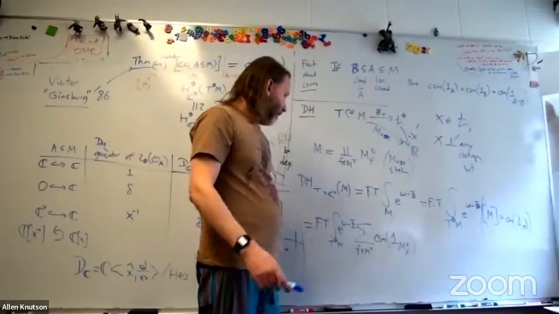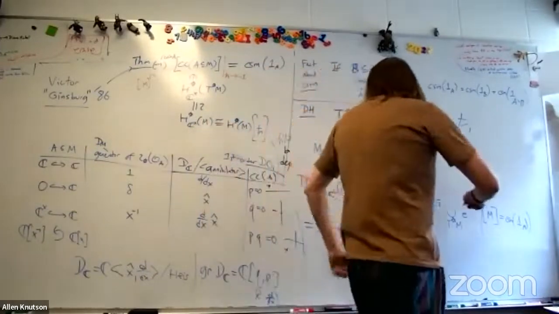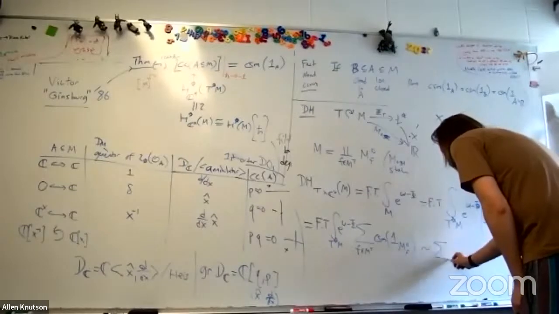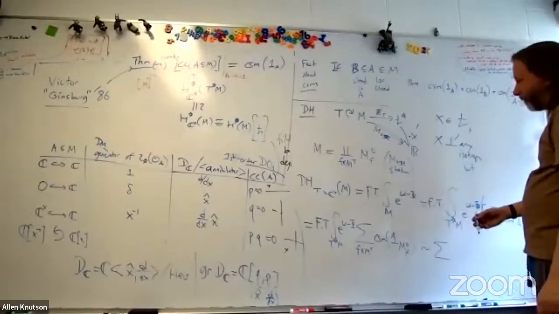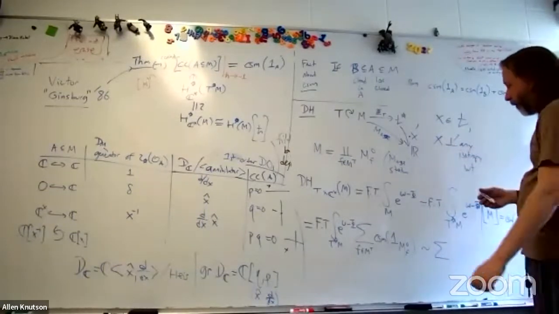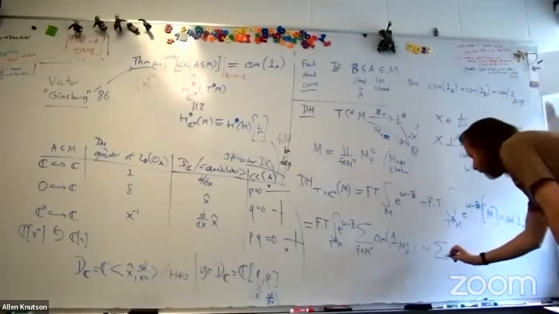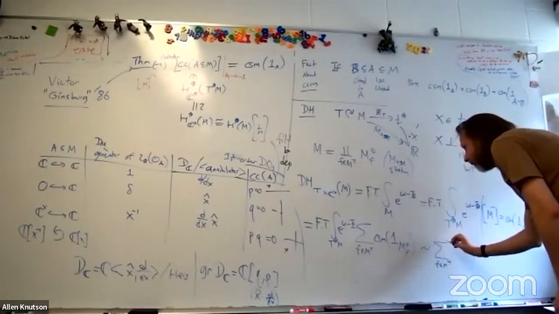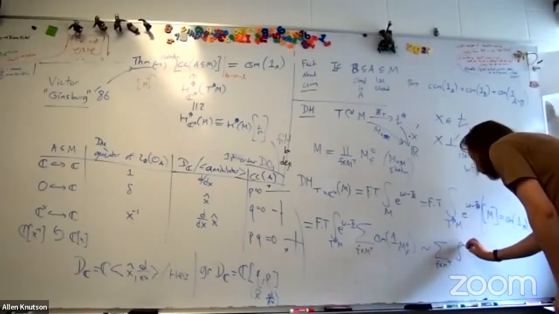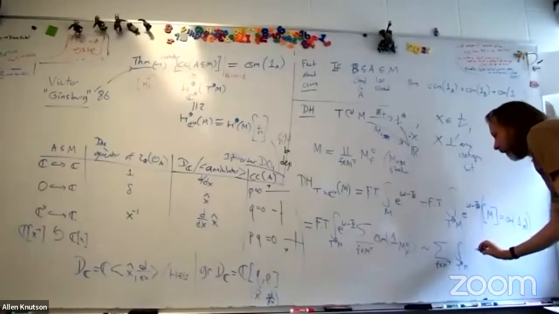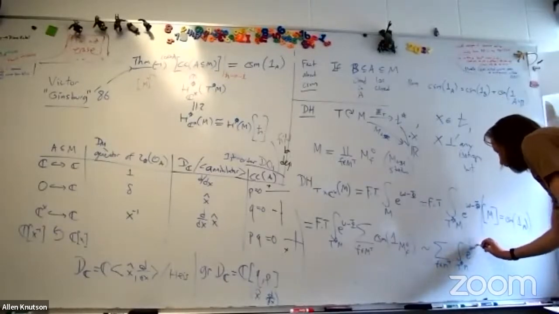Okay. So I would like to say, we're going to do this interchanging Fourier transform and summation thing. So I'll get this sum over F in M^T of this integral over the cotangent bundle of e to the omega minus phi.